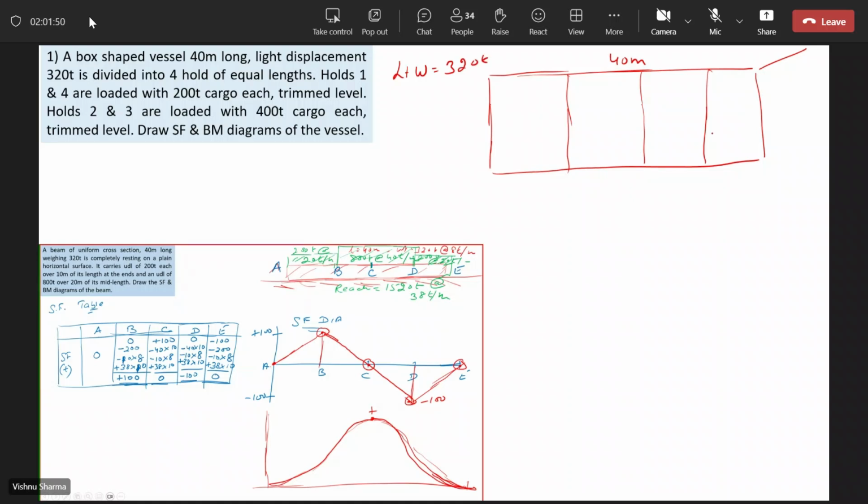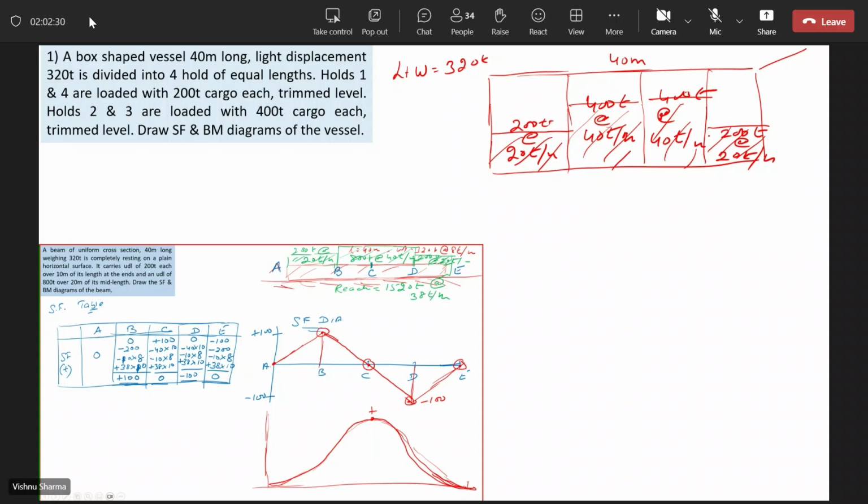Holds 1 and 4 are loaded with cargo, 200 tons each and trimmed level, so 200 tons at the rate of 20 tons per meter, and again 200 tons at the rate of 20 tons per meter. Holds 2 and 3 are loaded with 400 tons each, trimmed level, at the rate of 40 tons per meter.